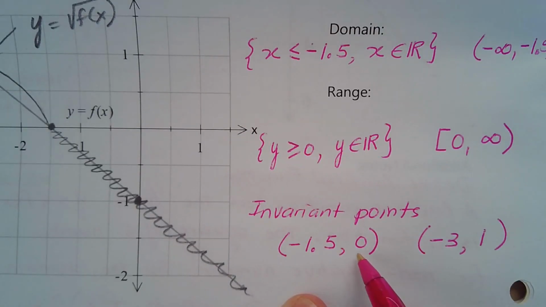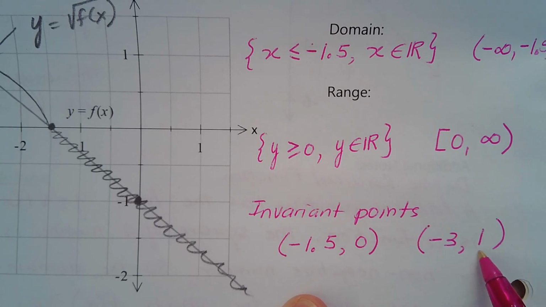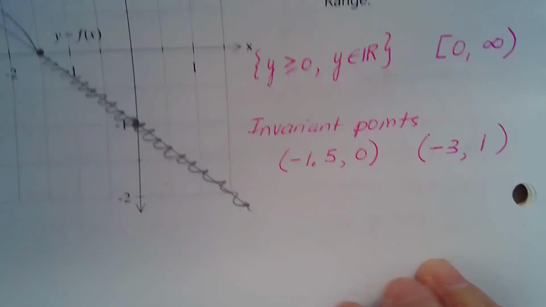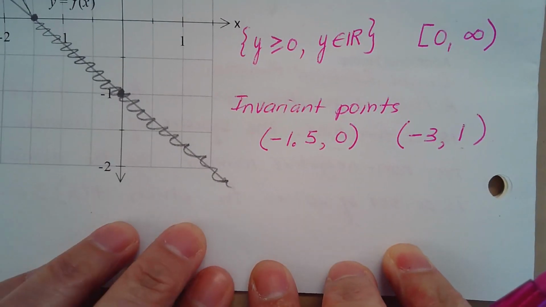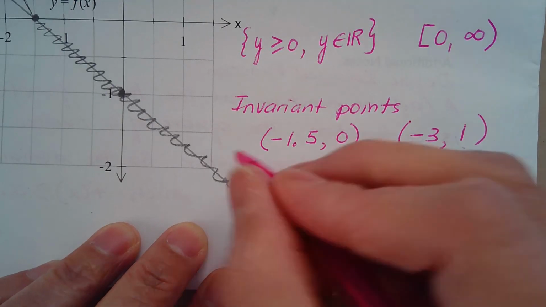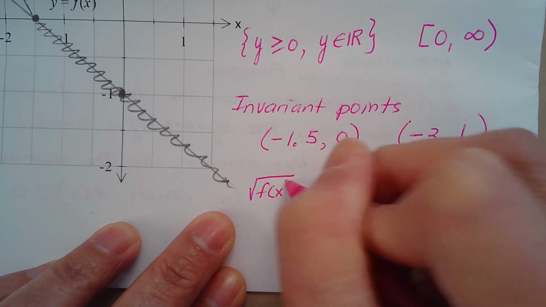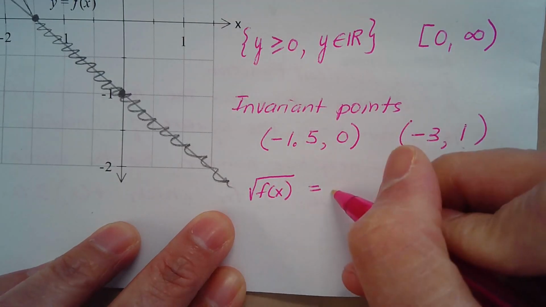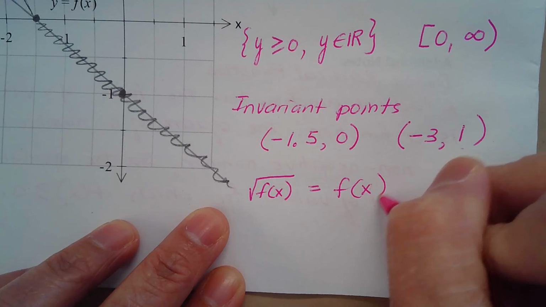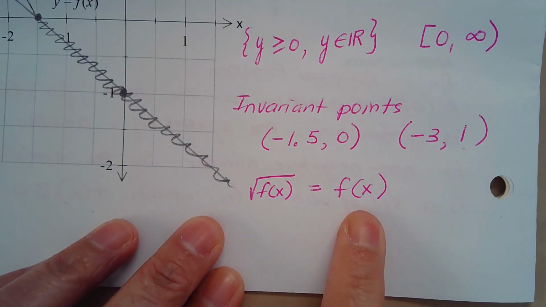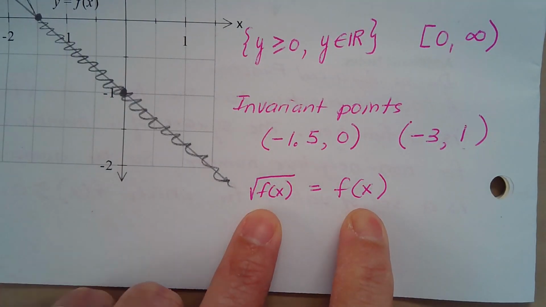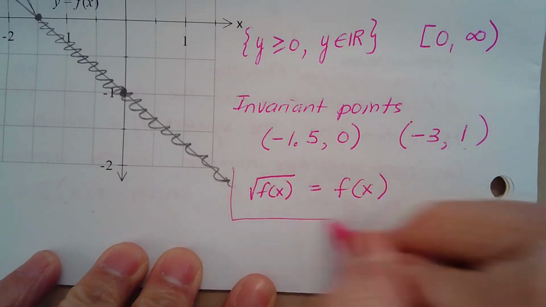So invariance when f of x is 0 and f of x equals 1. I'm going to write it down over here. Invariant points are located where the square root of f of x equals f of x itself. F of x is the y, and then the square root of f of x. That's where the invariant points are.